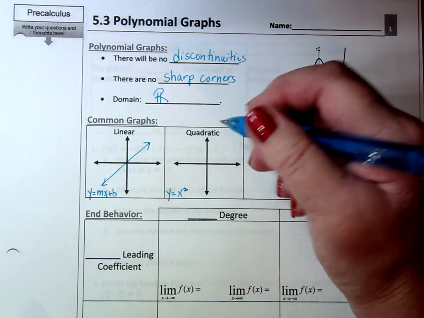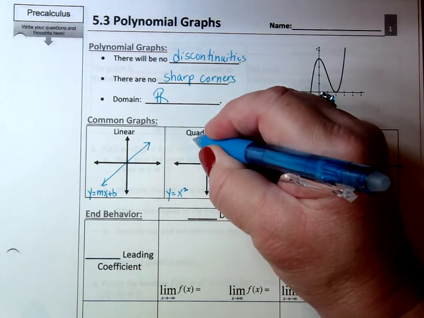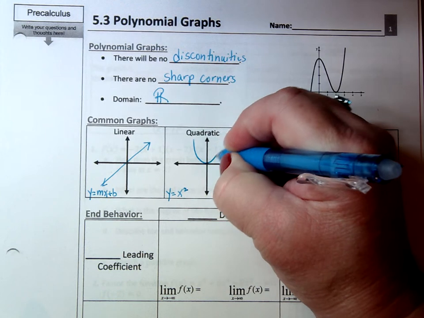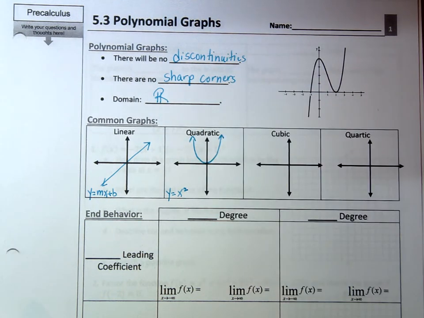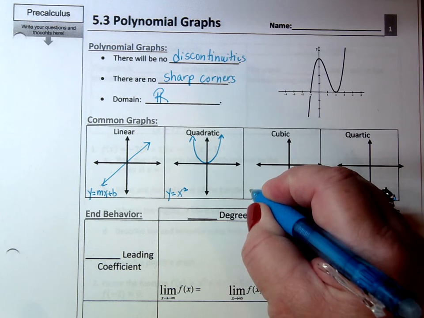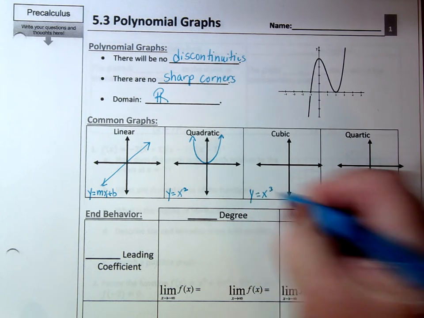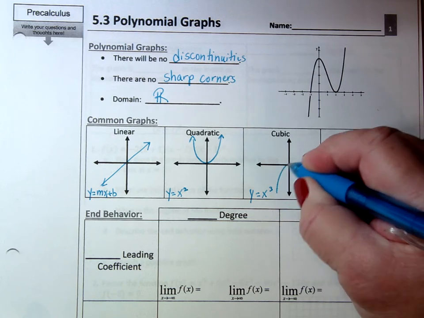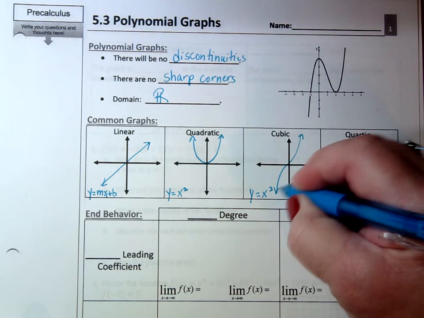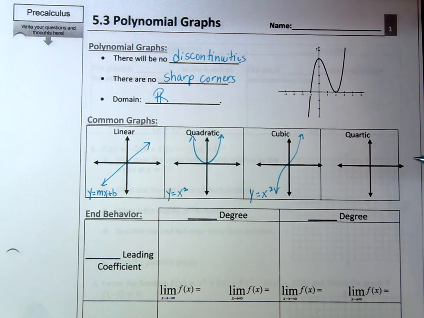We know what they look like. They are happy parabolas or sad parabolas. But the general x squared graph looks like that. It could be a cubic graph, y equals x cubed. And hopefully you remember that they are squiggles. Squiggles at the origin.